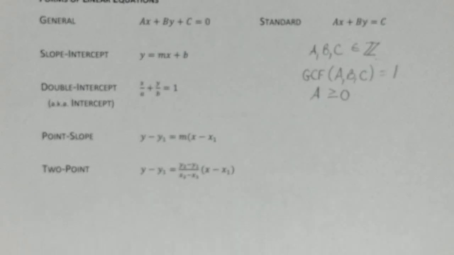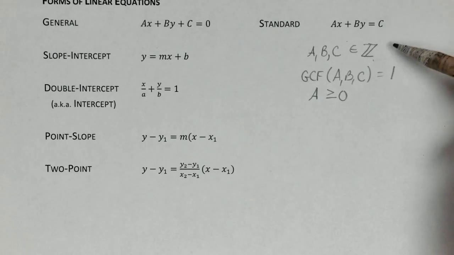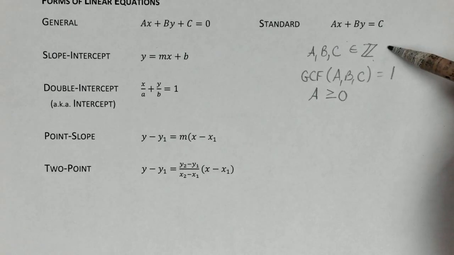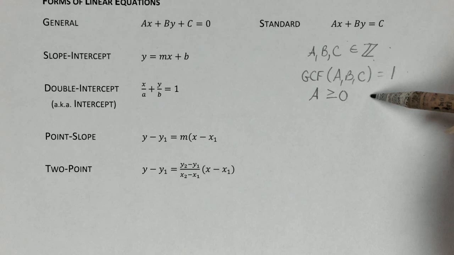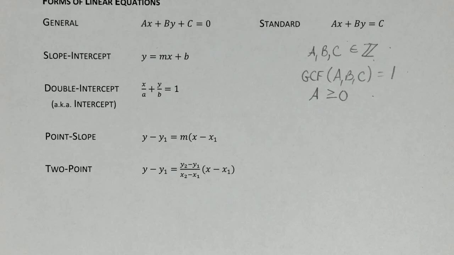A is not negative. Okay, no fractions or decimals. They don't all divide by the same thing. And A is not negative. Okay, that is for general and standard. They're the only ones on here that are using the capital letters, and that's what these are going with.